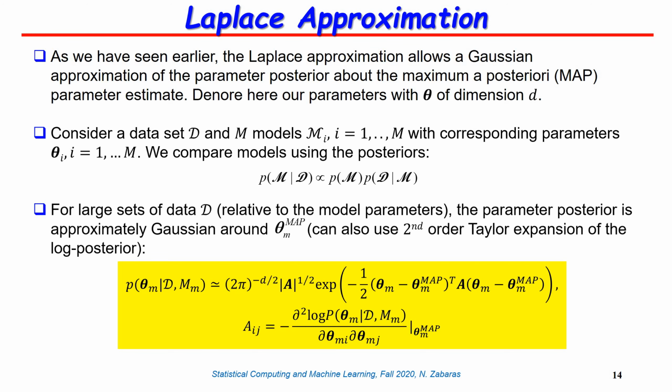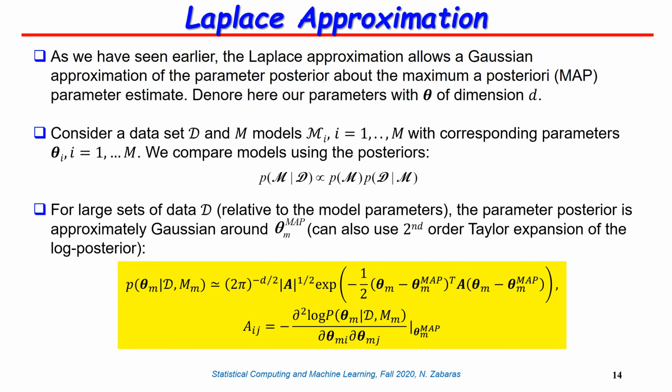So if you have some parameters in your model, and I call these parameters in this slide theta, and I'm working with model M, so you don't have to pay any attention to the subscript M. I am looking at the posterior, and the Laplace approximation is nothing else but fitting a Gaussian in the mode. So this Gaussian will be centered on the mode of your posterior, and it will be in such a way that it has the same curvature as the exact posterior.